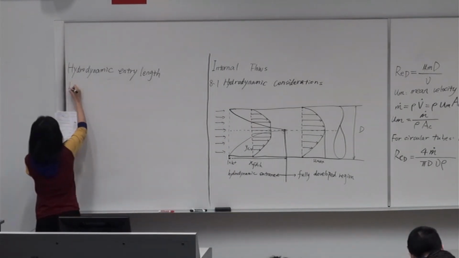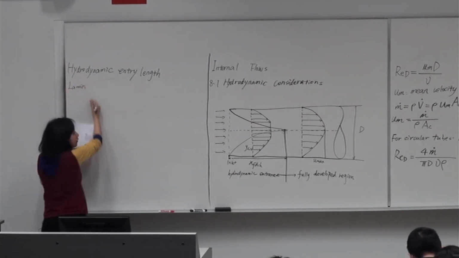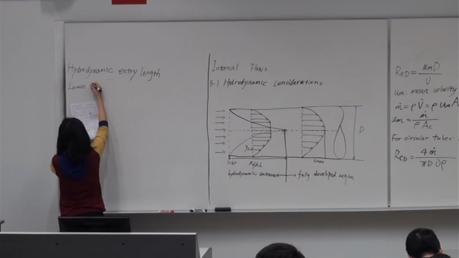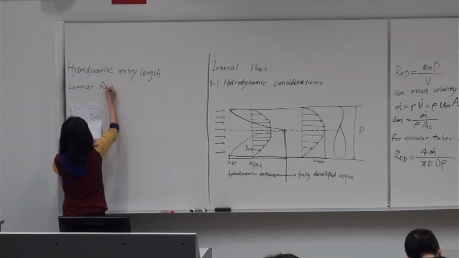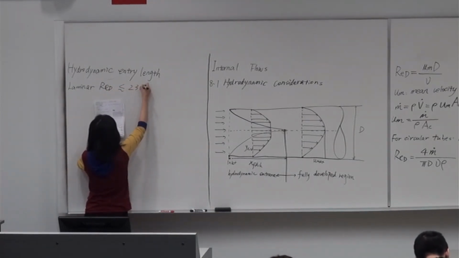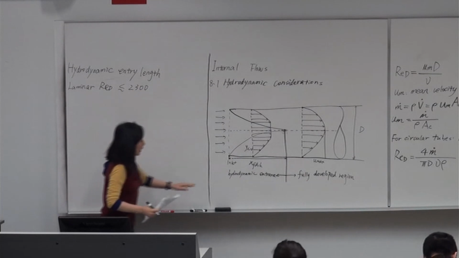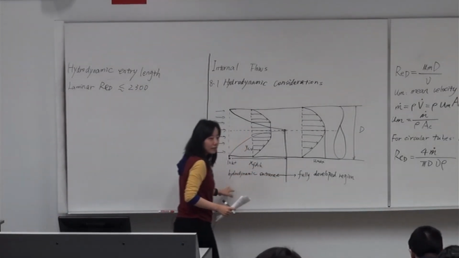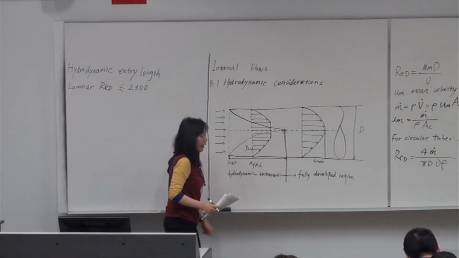For laminar flow, which means our Reynolds number is smaller than 2,300, how can we calculate the length here, which is our entry length?